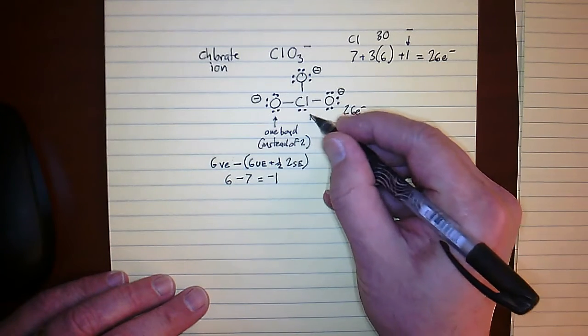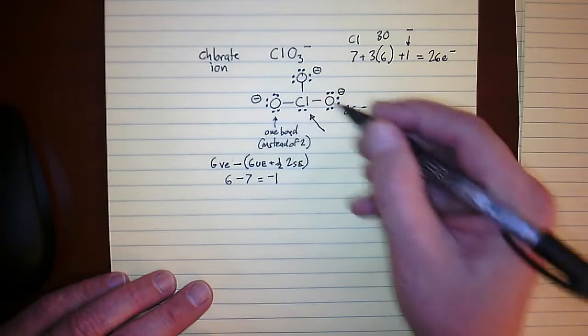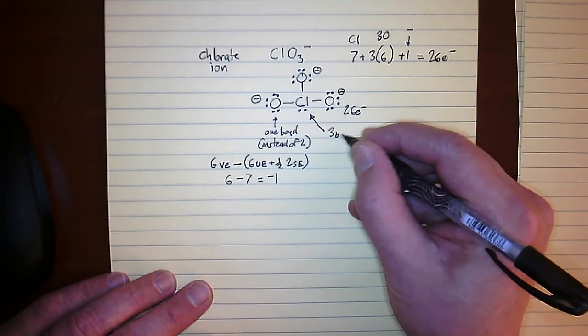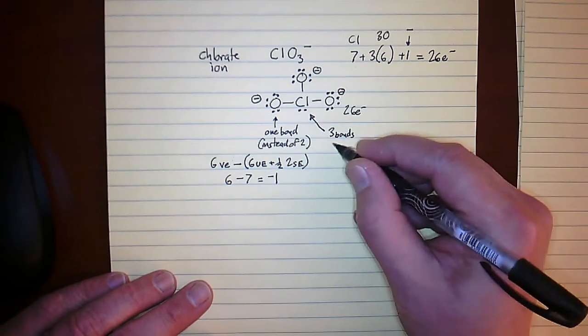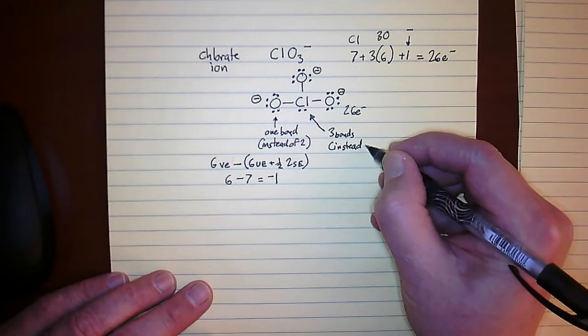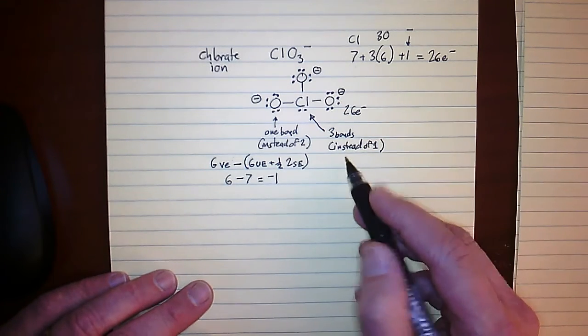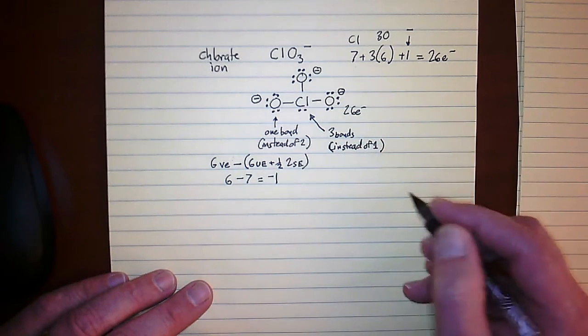This chlorine, however, we can look at and we see that it has 3 bonds instead of 1, because chlorine with 7 valence electrons typically only forms 1 bond.